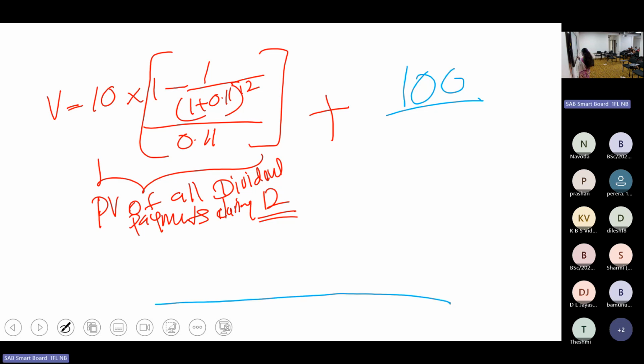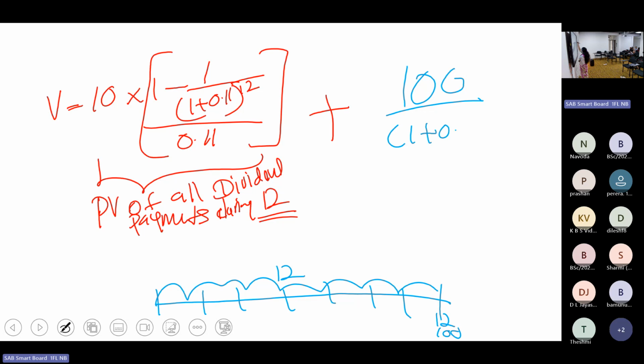According to our timeline, we are going to have the dividends, and then at the end of the 12th year, you are going to have this 100 rupee redemption price. So if you are converting this 100, it should be discounted 12 times. So 1 plus 0.11 to the power 12.